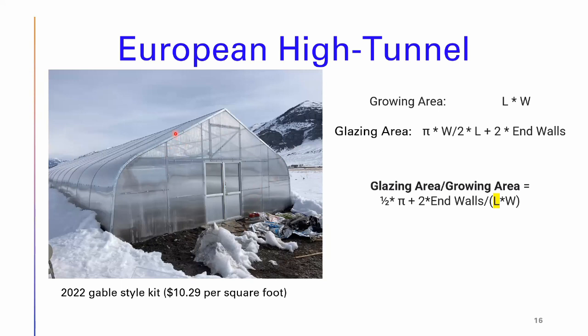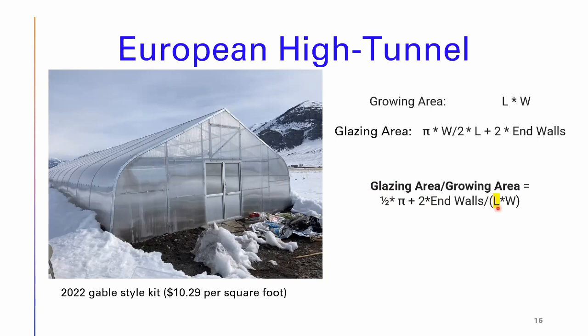So this kit was nice. I want to point out, let's use that mathematical model again. Once again, glazing and architecture are important. But if you look at a high tunnel like this one, let's look at that ratio: glazing area over growing area. I mentioned before that the dome was 2, 2 pi r squared divided by pi r squared. For a high tunnel, it's a little bit different because you have to take into consideration your end walls.